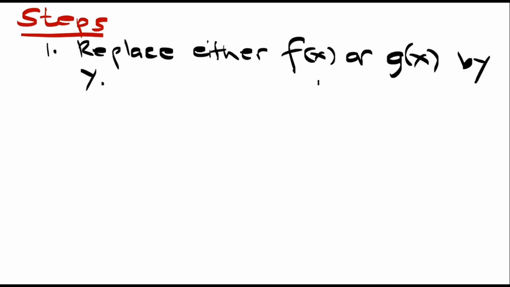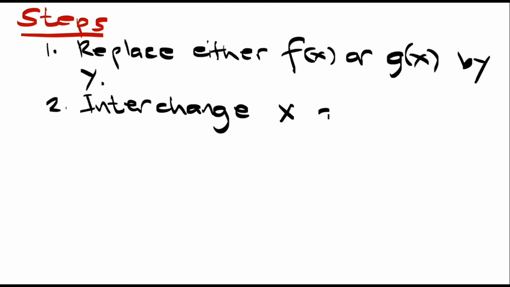So this functional notation f of x or g of x will be replaced by y. Step 2, interchange x and y. Meaning, in the function, x will be replaced by y and y will be replaced by x.